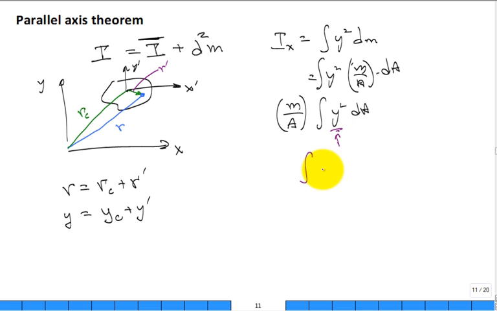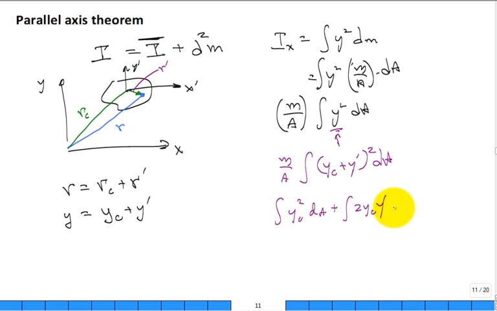So you get the integral of y sub c plus y prime squared dA, m over a. You pick up the integral of y sub c squared dA plus the integral of 2 y sub c y prime dA plus the integral of y prime squared dA.